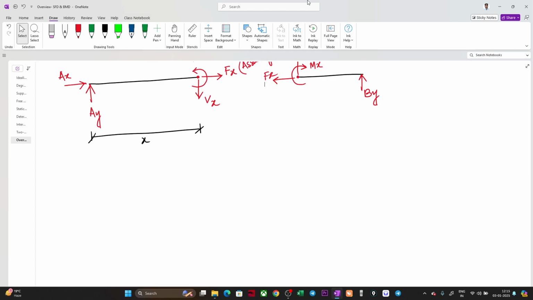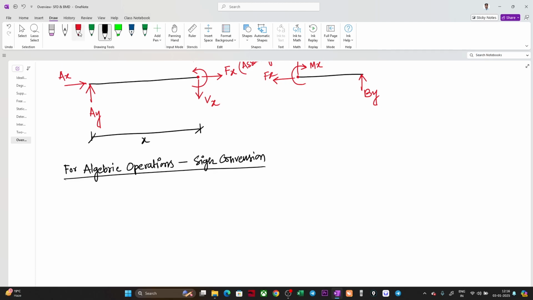For algebraic operations, the sign convention that we have considered earlier was something like this: upward reaction, along x horizontal reaction, and clockwise moment, these we have considered as positive. Anything opposite to that we have considered as negative.